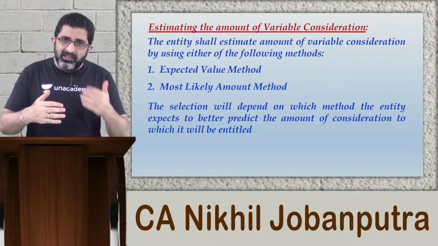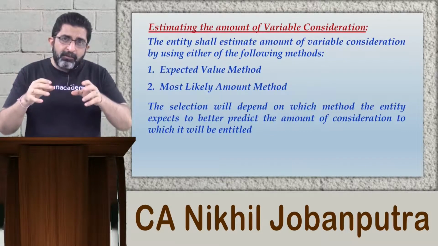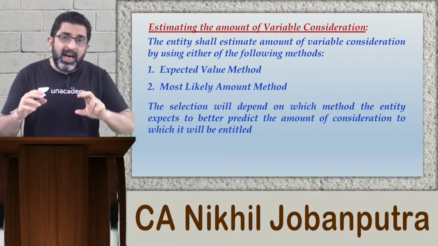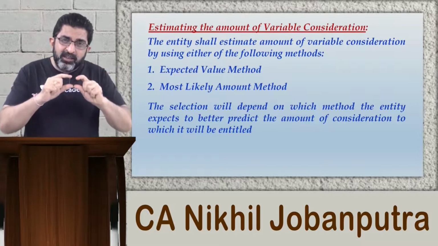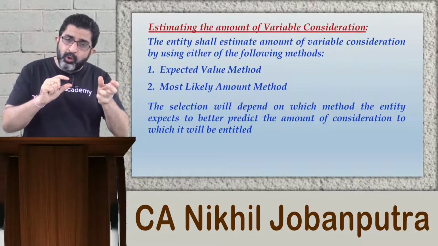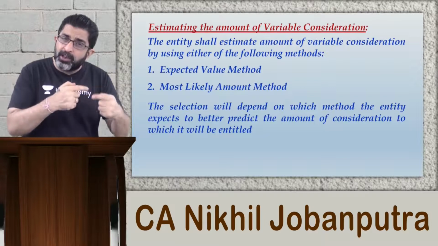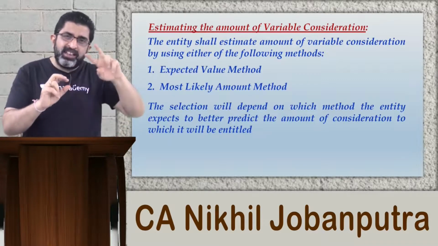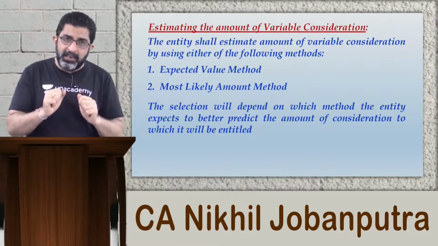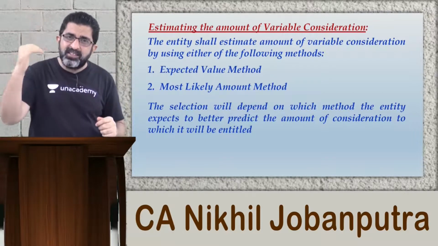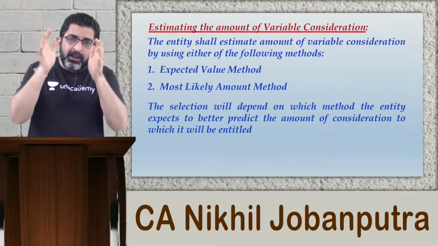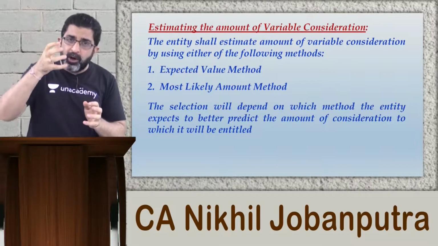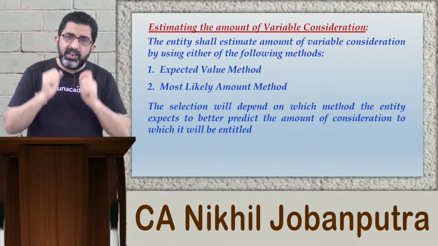So, just imagine that you have multiple possible outcomes, and at each possible outcome a different amount of variable component of revenue would arise, and each outcome is associated with its respective probability. So, you have outcomes A, B, C, D, E with their variable component of revenue and with their associated probability.